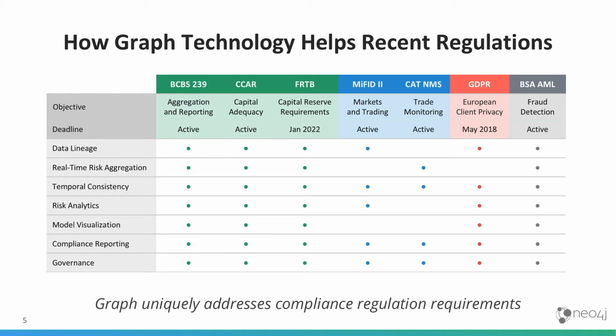That's not the actual time that data changed. It's the time the data was changed in that system, but it may not be the same time that the change happened in the authoritative source. The reason that is important is that all the different parameters that go into the calculation of the risk need to be accurate as of the particular time that the report is being produced. And that's very, very key.